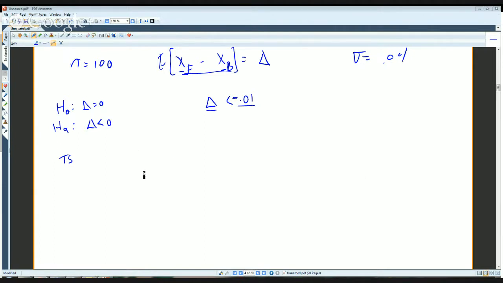Okay, so the test statistic, let's say, is X bar minus the hypothesized value, mu naught, under the null hypothesis over sigma over square root n. Okay, and in this case, our mu naught is 0, so it's just that. So our test statistic is just that. Okay, so we want the probability.